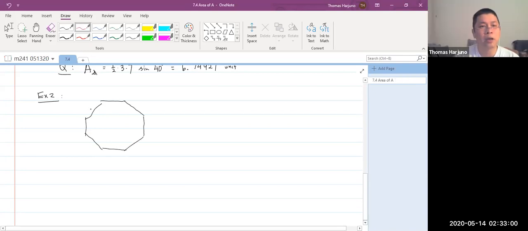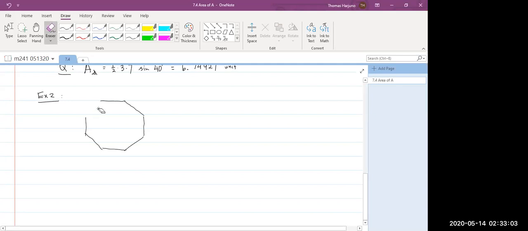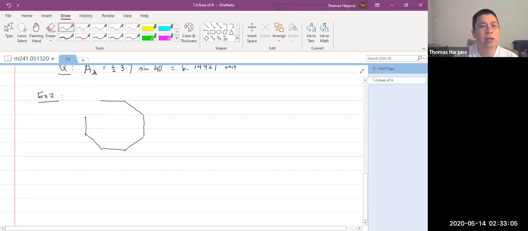So suppose I have a stop sign whose radius is 10 centimeters. The radius here is from the center to the vertex, and that's a regular octagon. Okay, the stop sign. Now find the area of that stop sign.